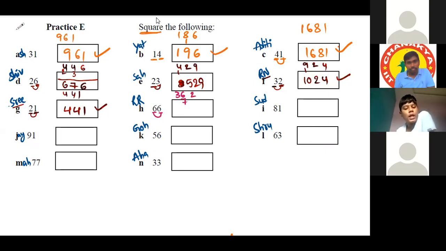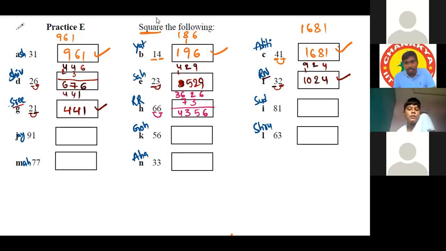We have to write 72. It is a carry, so we write it like this. And 6 square is 36 again, again a carry. Next one is carry out, so we can write 4. And the last number is 3. So the answer will be 4356. That's correct.